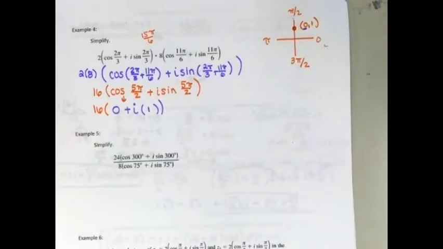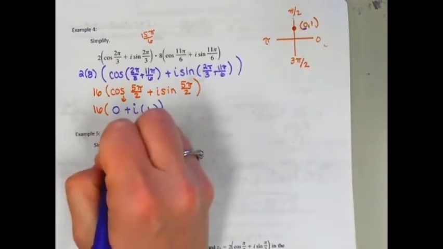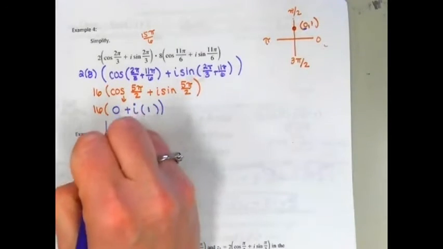So what would be 16 times 0 plus I times 1? Yep. And there you go. There's your product: 16I. Because 1 times I is I plus 0 is I, and then 16 times I is 16I. All right.